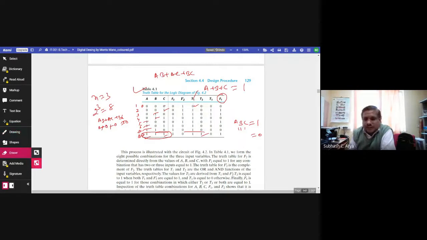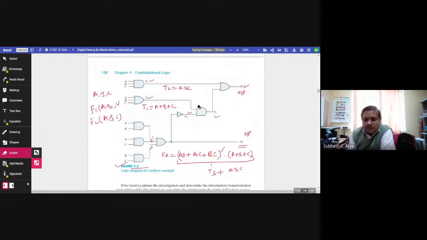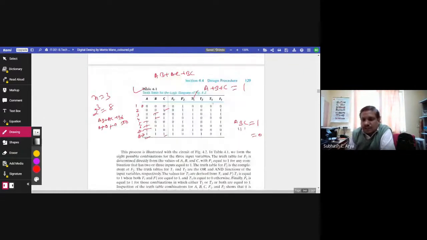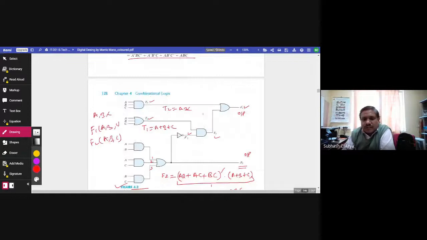Then T3 is a function of F2 bar, the complement of F2, and T1. So this is multiplication, it means it will give output when both inputs are 1. So this is T3. Here, see this F2 complement and T1.